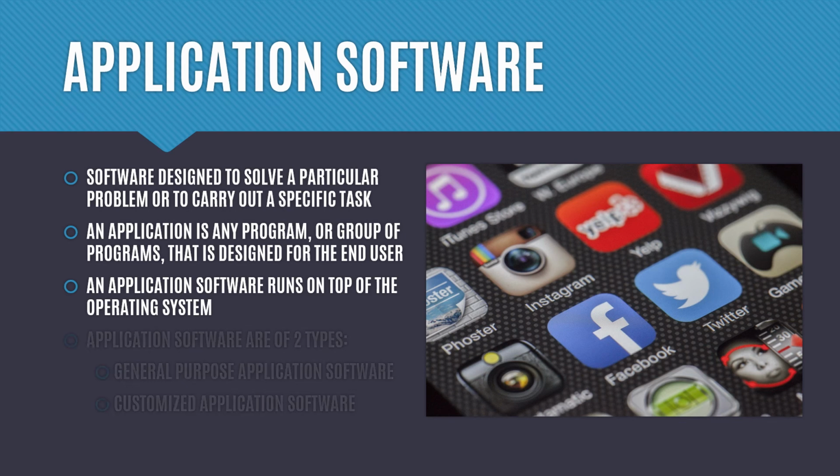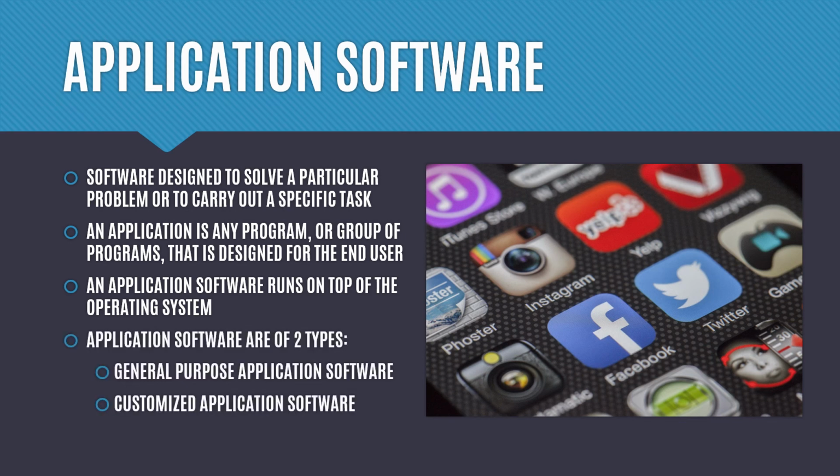Right? Now application software is further divided into two main types as per the chart. We have just looked over the chart. The first type is general purpose application software. It simply means the software which is same for you, me and everybody else. So Microsoft Word is same for me, it is same for you, it is same for everybody else.